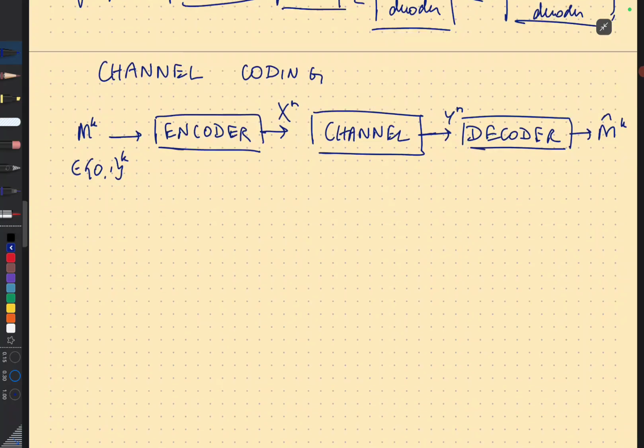The end goal is to model this medium. The first step is to give a mathematical model for this so-called channel, which is reasonable and which we can work with. And then, given this model of a channel and certain other constraints, the goal is to design this encoder and decoder.